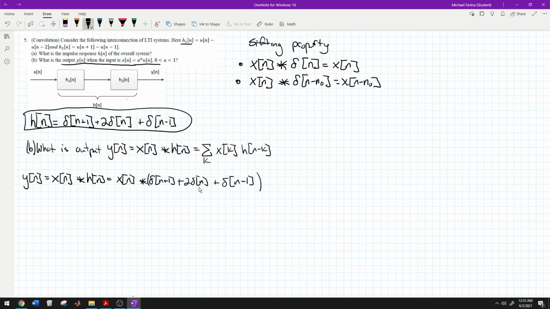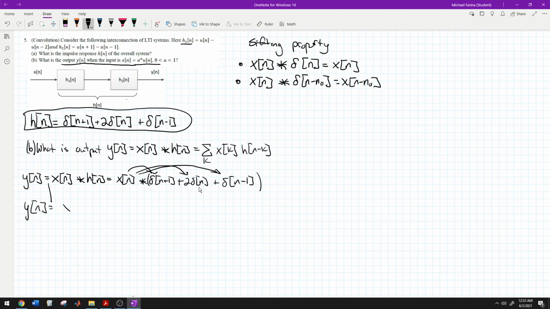Convolution is still, from the last video, distributive. So this x of n will go here, here, and here. And now this 2 is just a coefficient, so we can pull that up front.